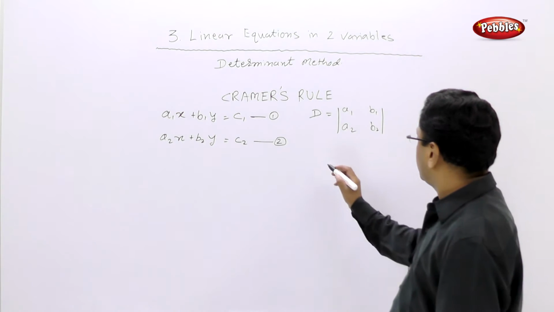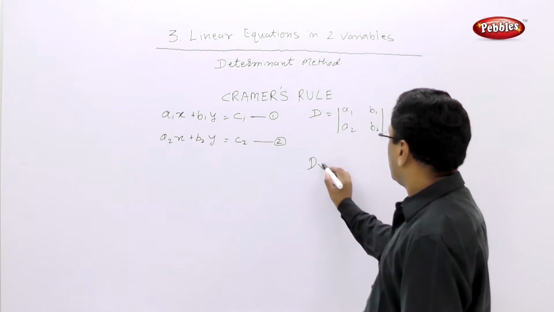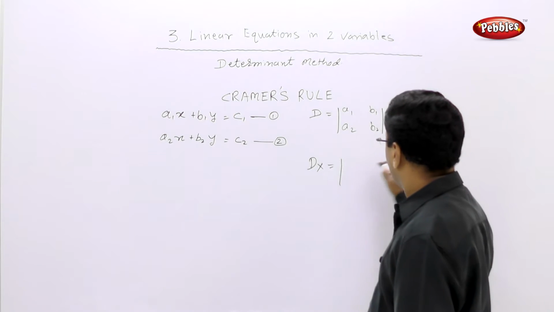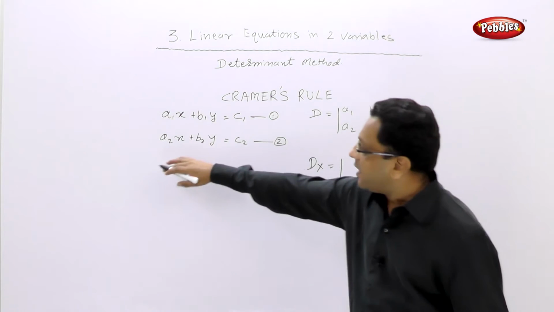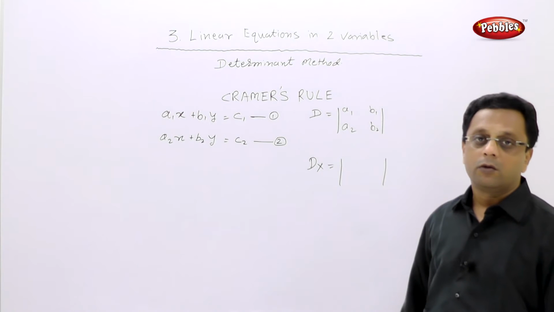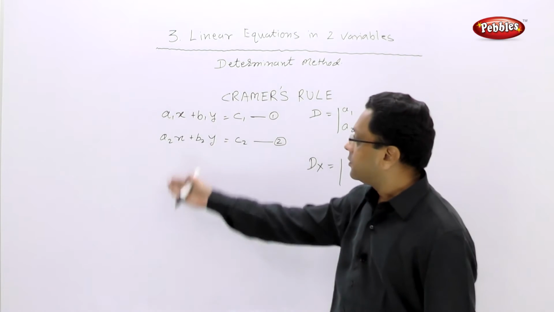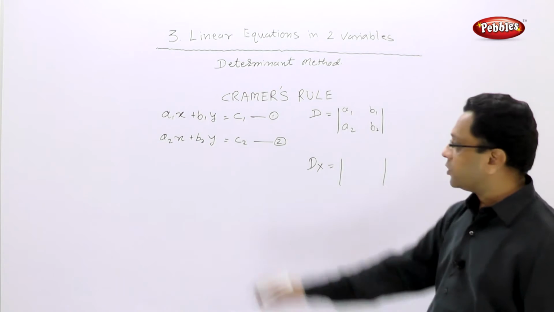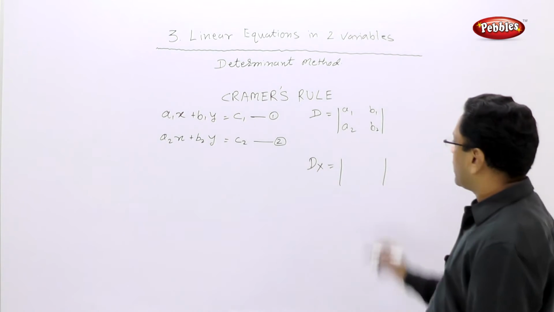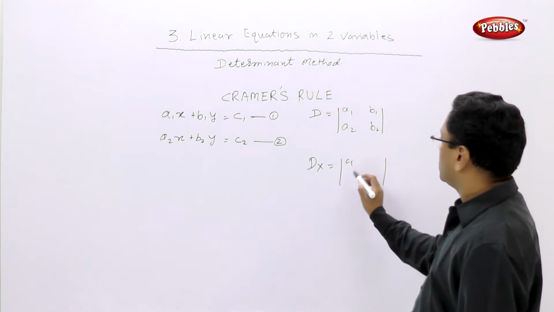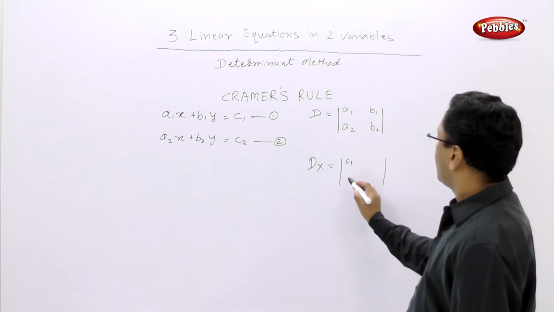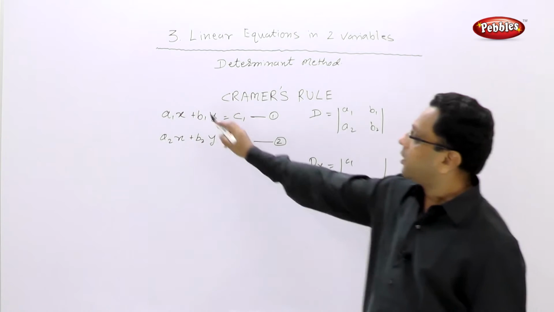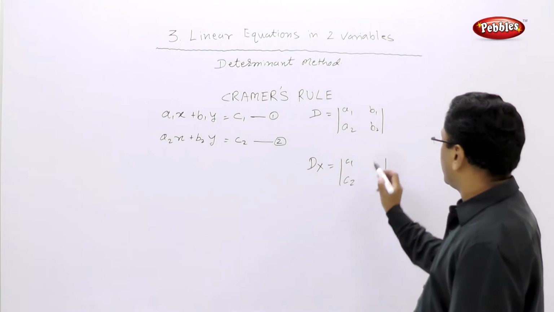Then we have to find Dx. For Dx, what will we do? We will replace this column by c1 c2. So instead of a1 a2, we will write c1 and c2 here, and b1 b2, the coefficients of y, will remain the same.